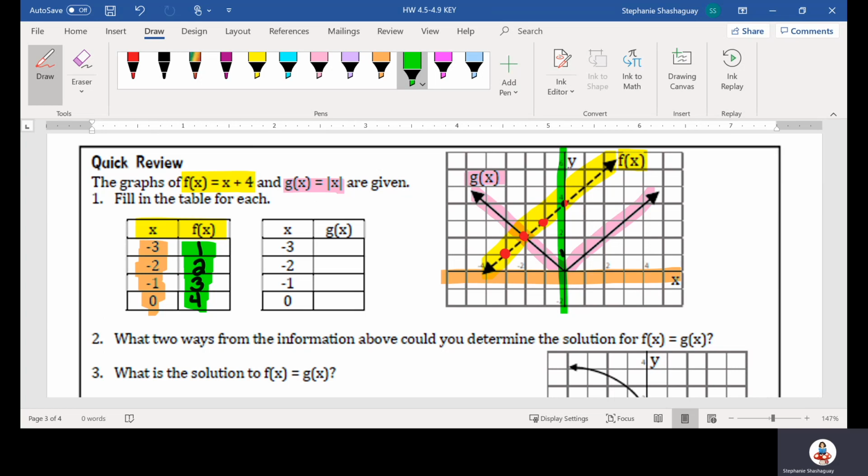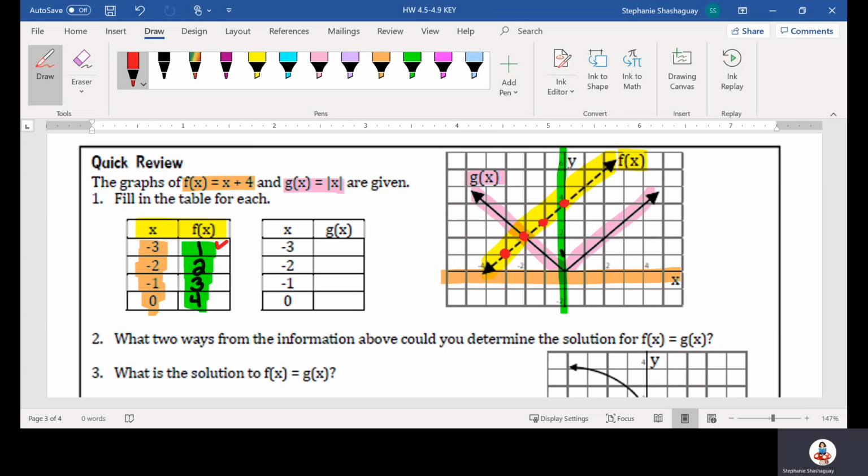Now, if you forget how to do that, you can also just plug in those x values, like -3. When you add 4, you're going to get 1. You can still use that method, but if they're giving you the graph, it's going to be easier just to identify the points on the graph instead of doing the calculations, because then you don't have to worry about making calculation errors.